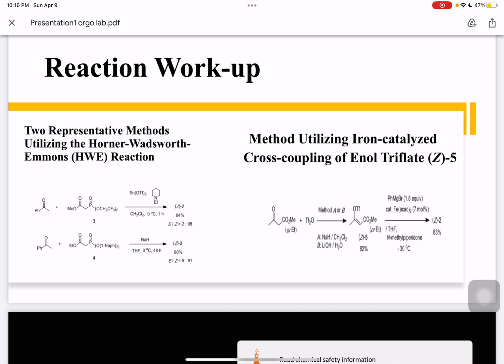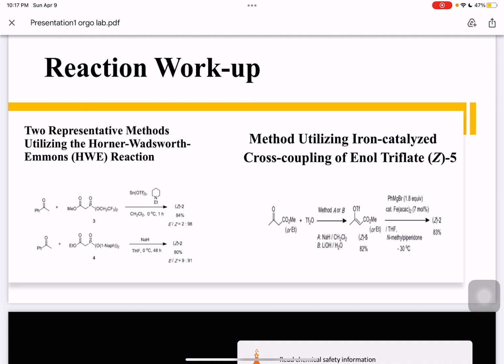So Z5 is synthesized using triflic anhydride, Tf2O, and NaH, which is from method A. This is a superb method, the most pertinent to the strategy of the people that worked on this reaction. But one significant disadvantage is that Tf2O is approximately 15 to 30 times more expensive than TsCl.